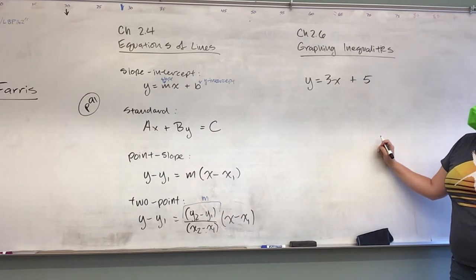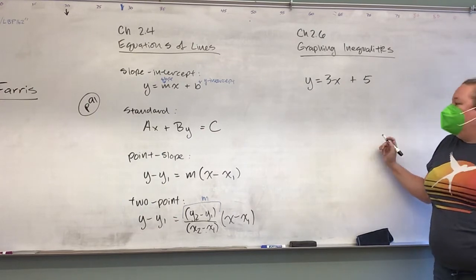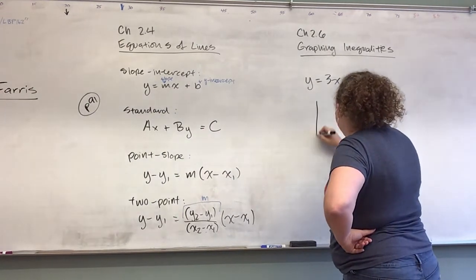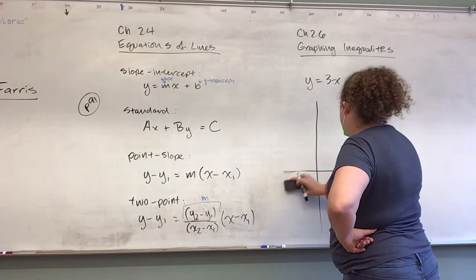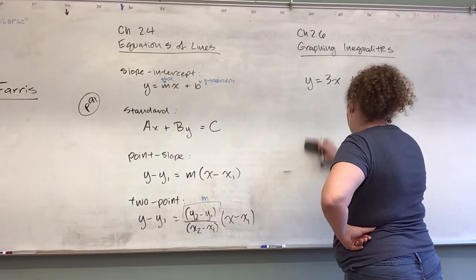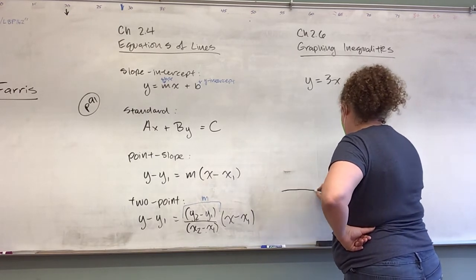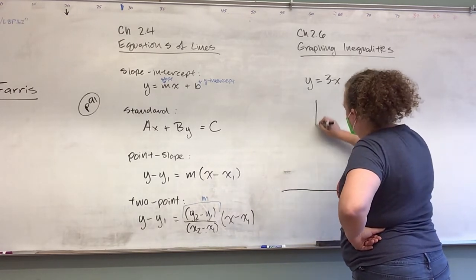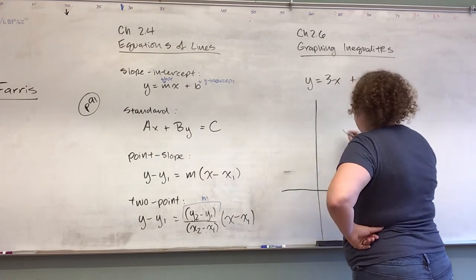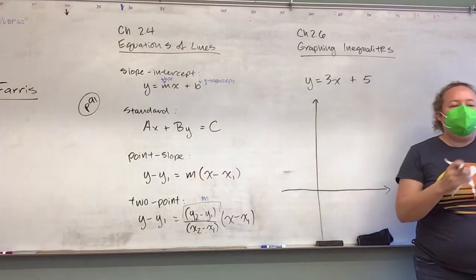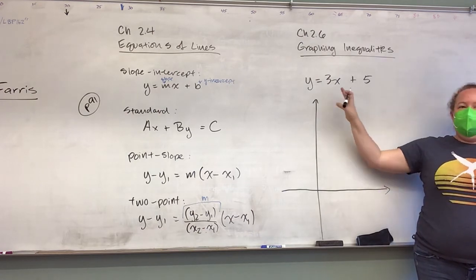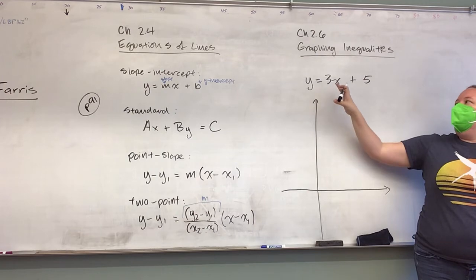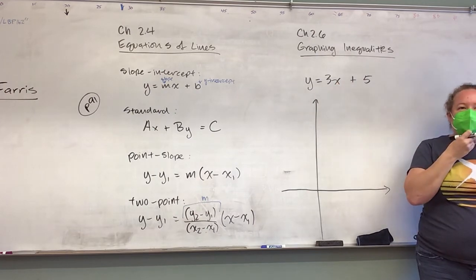So now for our notes on graphing inequalities. So we already talked about how, if we have this equation, I want to make sure to give myself plenty of room here. So we talked about this yesterday, but Gino, what's the one way that we can graph this equation of the line?